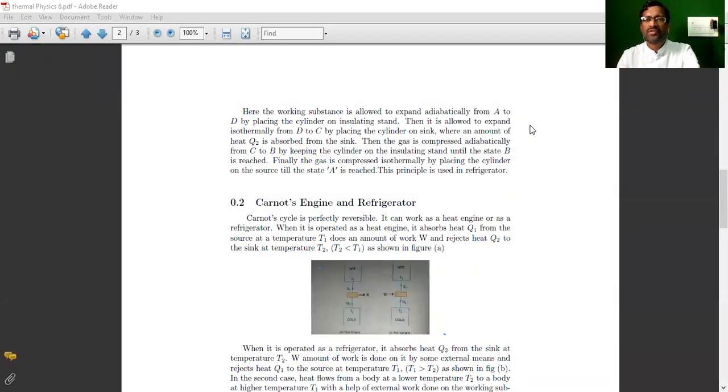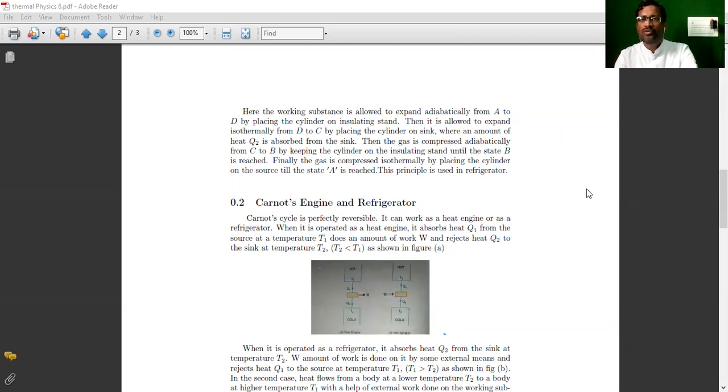Now this reverse process we can describe as far as the working substance, source, sink, and insulating stand are concerned, as we explained in Carnot's engine operation. Here in the reverse case, the working substance is allowed to expand adiabatically from A to D by placing the cylinder on the insulating stand.